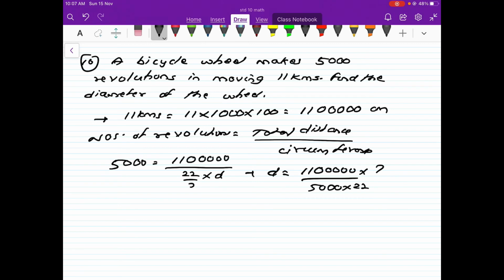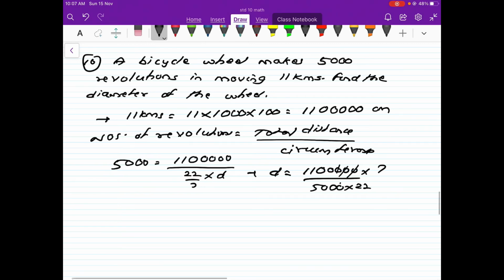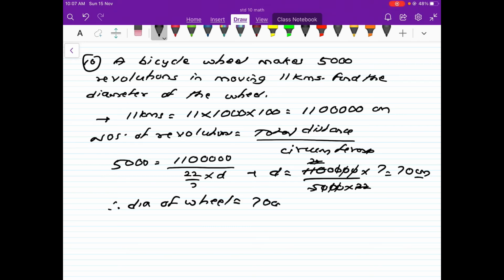When we solve this, 5 into 22 is 110. Again 22 will get cancelled. So 7 into 10, it is 70 centimeters. Therefore, the diameter of the wheel is 70 centimeters.